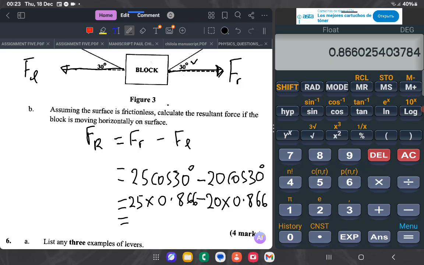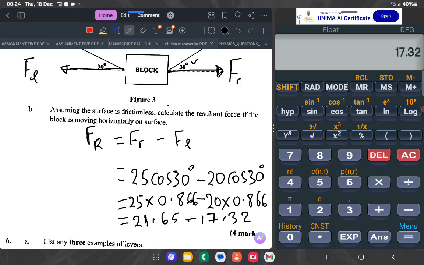So in this case, 0.866 times 25 is giving us 21.65. Minus 20 times 0.866 is 17.32.